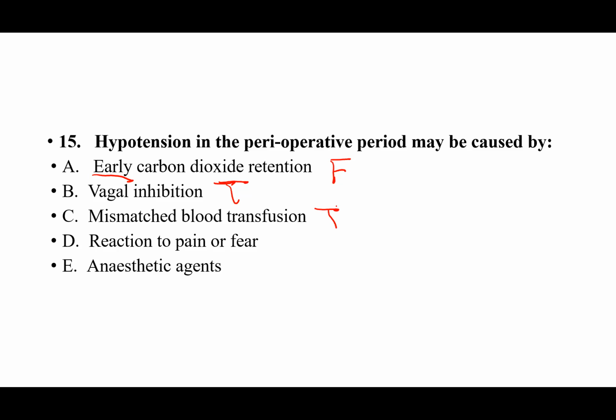There can be a reaction due to the mismatched blood, which leads to increased permeability and vasodilation due to release of inflammatory substances in the blood. The inflammatory mediators will cause vasodilation and increased cellular permeability. So when there's peripheral vasodilation, there will be hypotension. Yeah, so that is reaction to pain or fear.